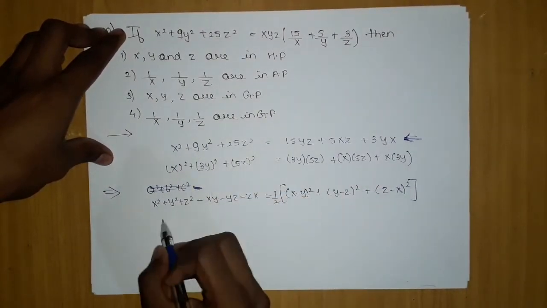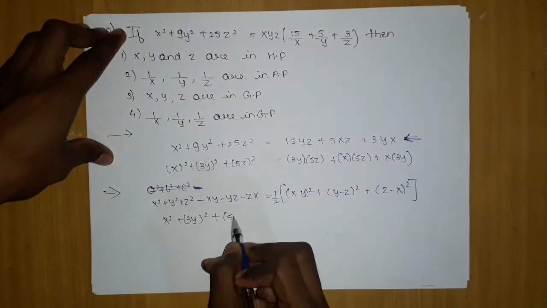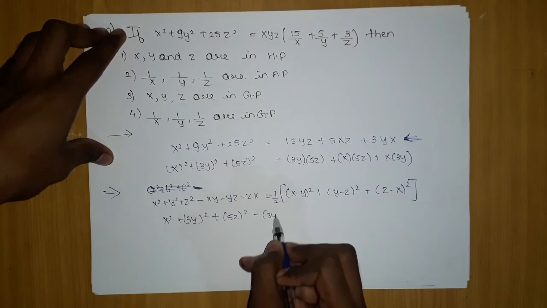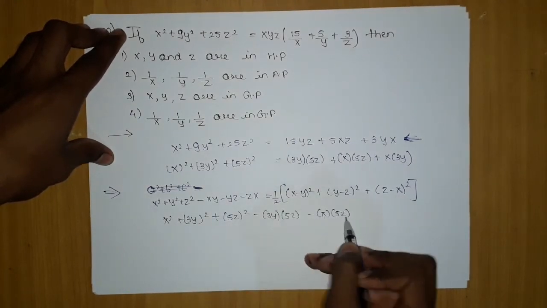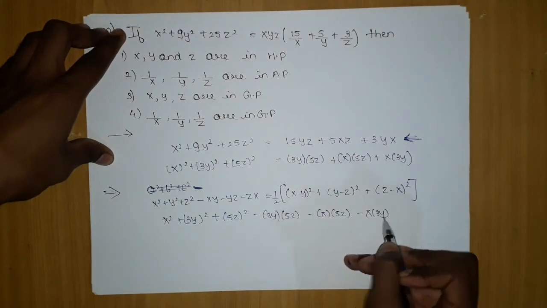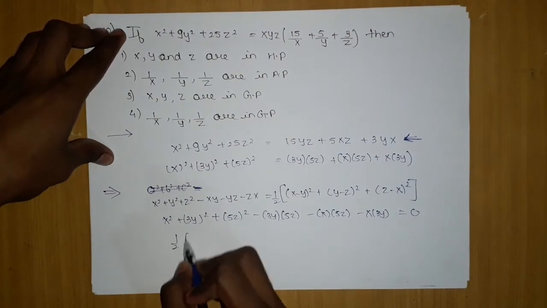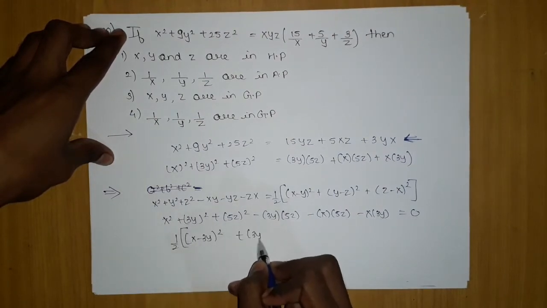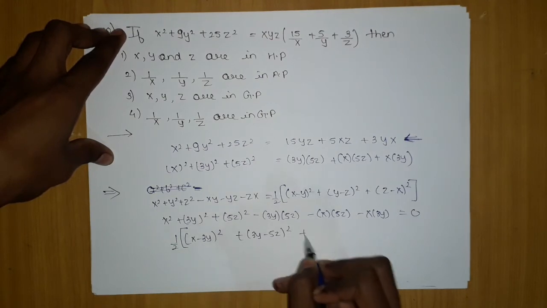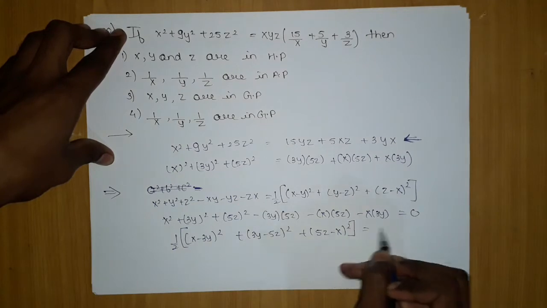I will bring this here: x square plus (3y) the whole square plus (5z) the whole square minus 3y into 5z minus x into 5z minus x into 3y should be equal to 0. This is equal to 1 by 2 times (x minus 3y) the whole square plus (3y minus 5z) the whole square plus (5z minus x) the whole square, which is equal to 0.